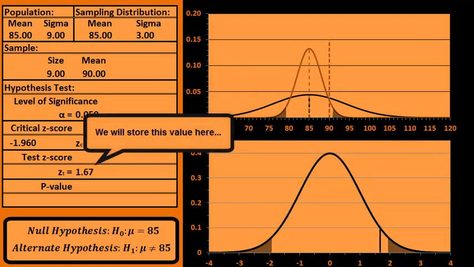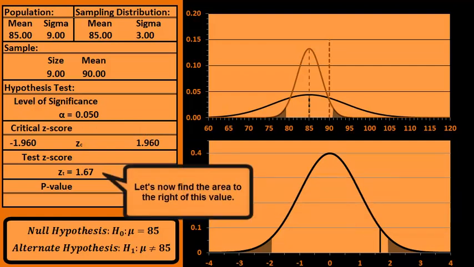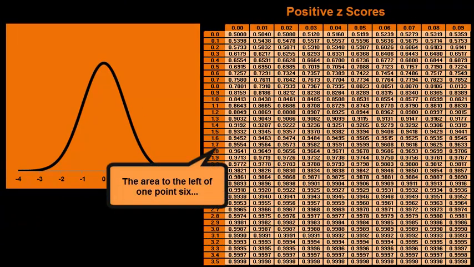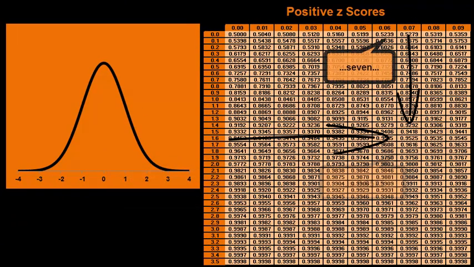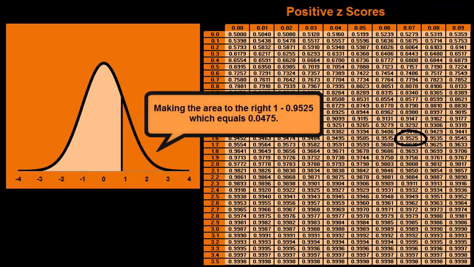We will store this value here and note its location in the standard normal distribution. Let's now find the area to the right of this value. The area to the left of 1.67 is 0.9525, making the area to the right 1 minus 0.9525, which equals 0.0475.